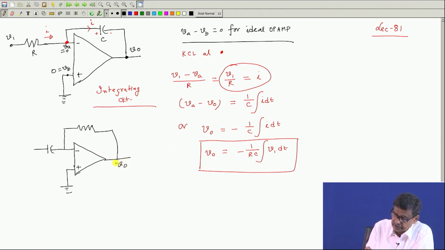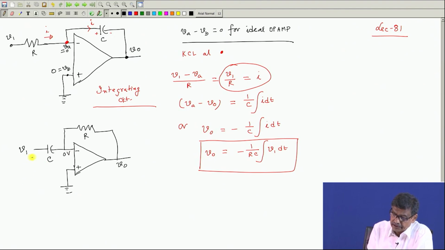This is the output voltage. Does a negative feedback exist here? Yes, this is a passive element. This is C, this is V1, and henceforth I am not going to write down VA here, because I know VA equals VB, which is 0. Therefore, this potential is also 0 volt.